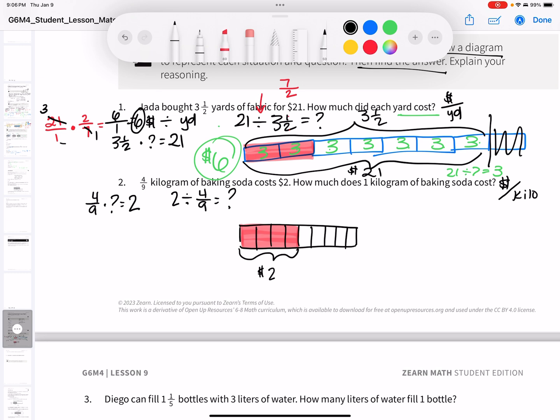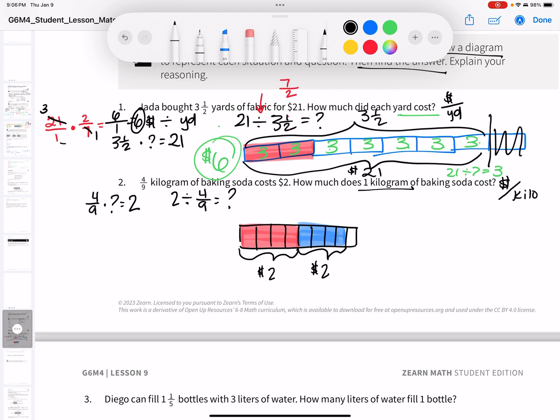But we want to know how much 1 kilogram is worth. So we need to know this whole thing's worth, right? So then we're going to get another 4/9. 1, 2, 3, 4. 4/9. And that also equals $2.